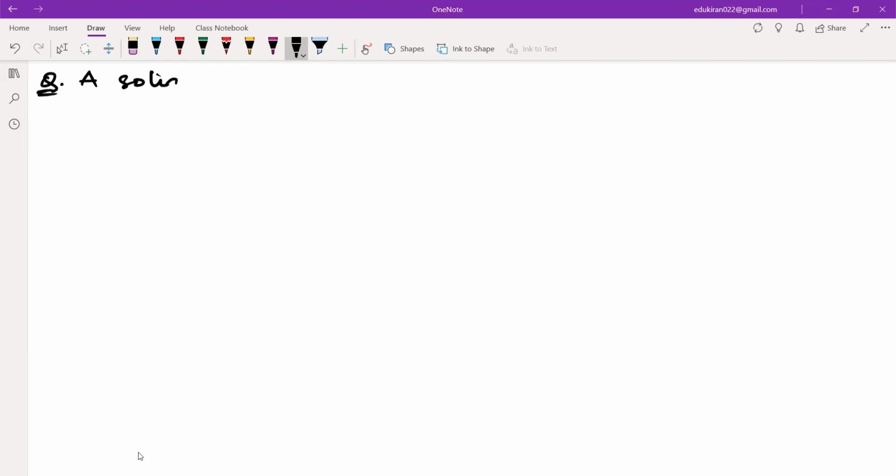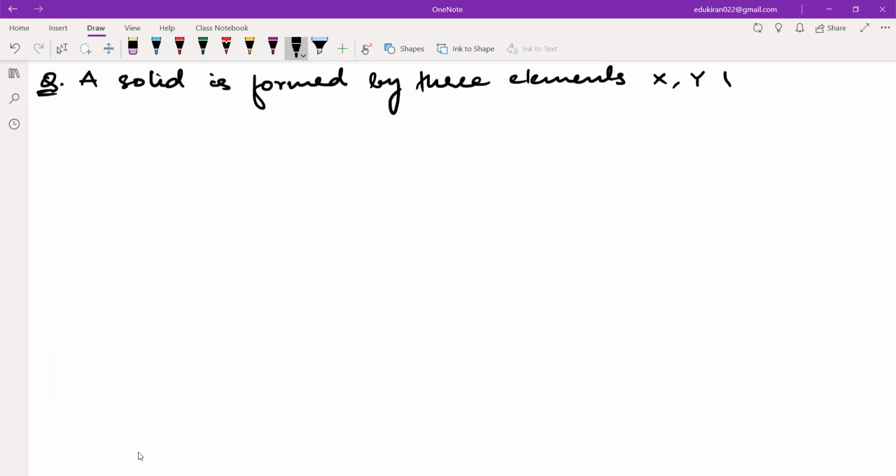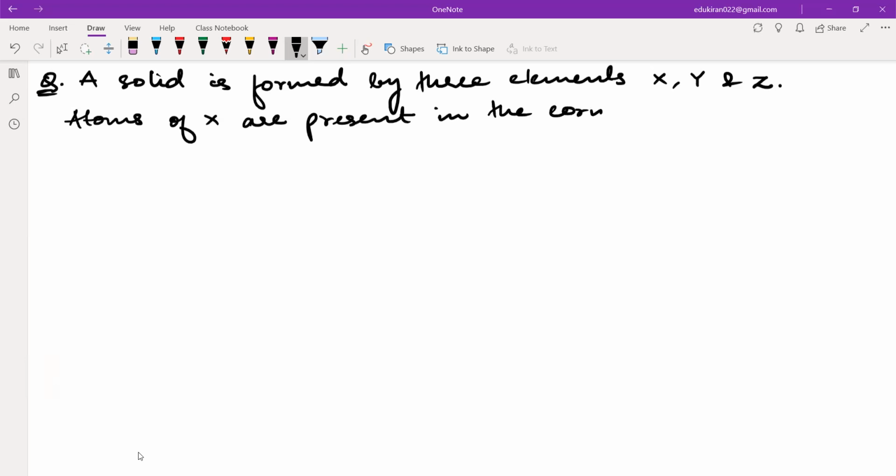The solid is formed by 3 elements, X, Y, and Z. Atoms of X are present in the corners of the cube.